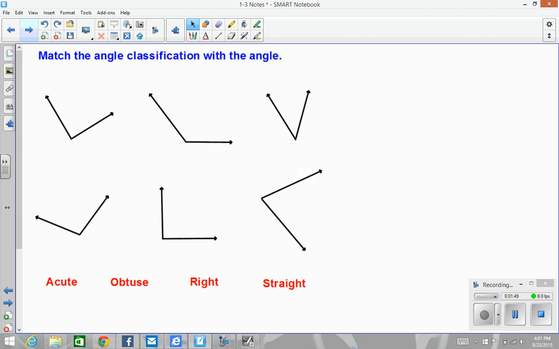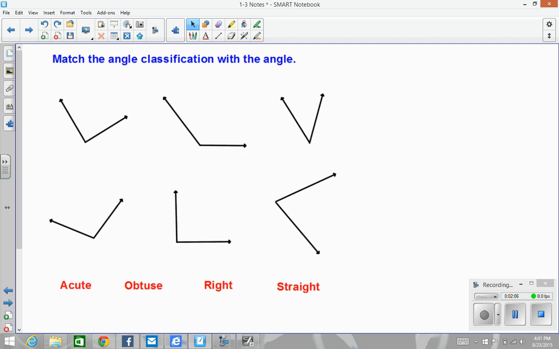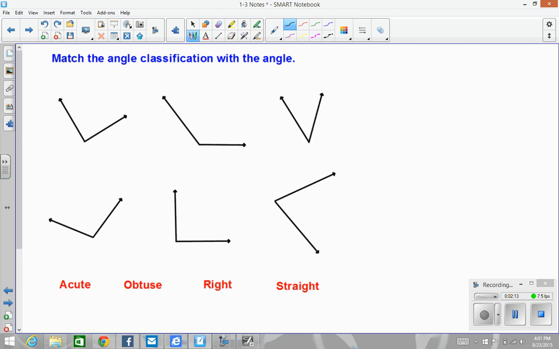All right, so we want to match the angle with this classification. If you want to pause the video and see how you do on those, that would be great. All right, so now that you've started the video again, let's see how we did. So you probably thought that this first one right here was maybe acute.